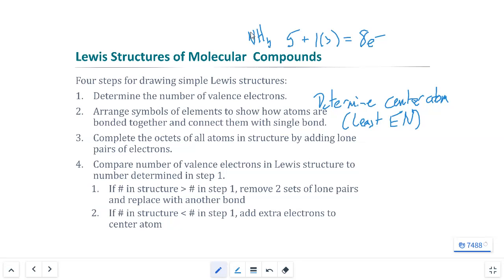So for example, chlorine and oxygen both appear to be the same distance away from fluorine. They're one box away. Chlorine would be the center atom in that circumstance in most cases. Some exceptions, but most cases. And the reason is it's bigger and it's going to be less electronegative as a result.